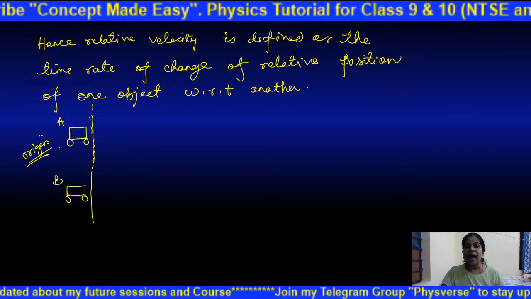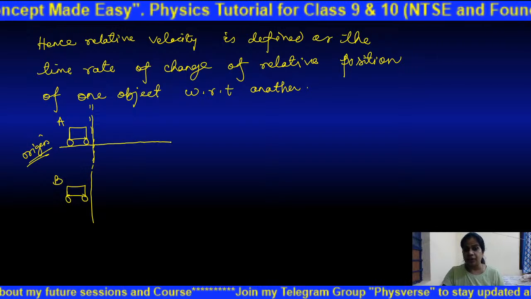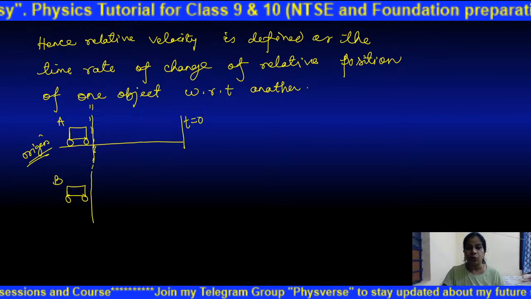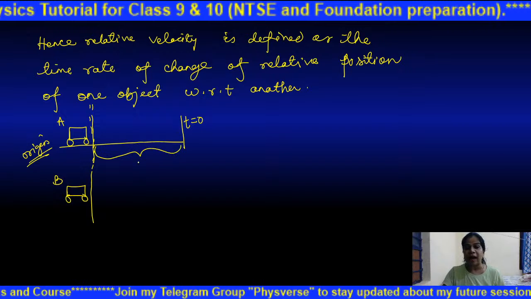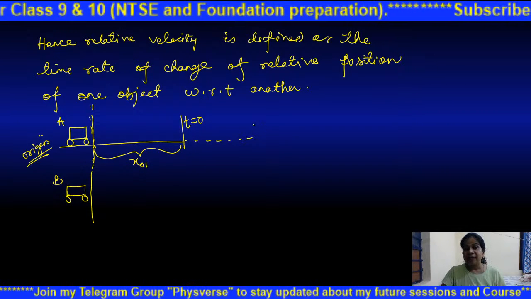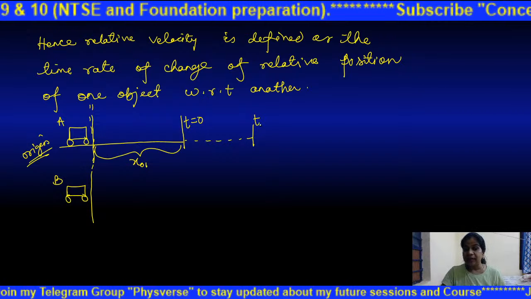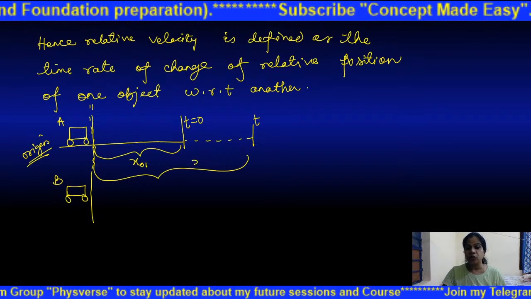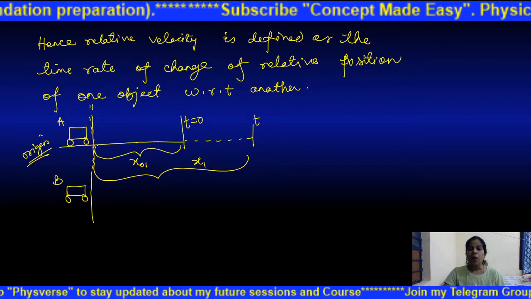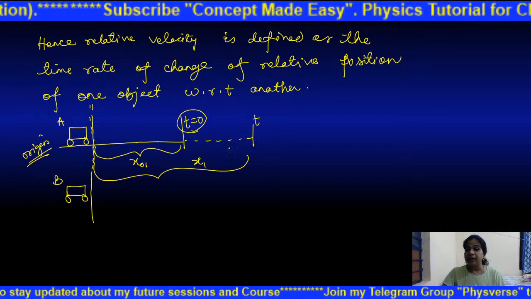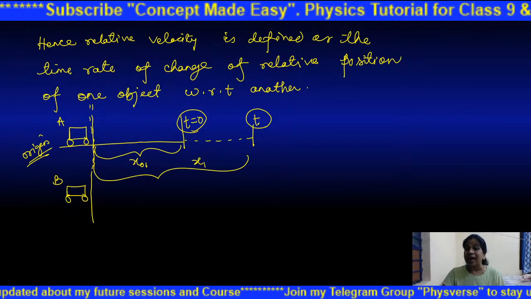Car A has started its journey, and at time t equal to 0, suppose the displacement of car A is x01, and suppose at time t, the displacement from the origin is x1. This is the displacement at time t equal to 0 and this is the total displacement at time t equal to t.